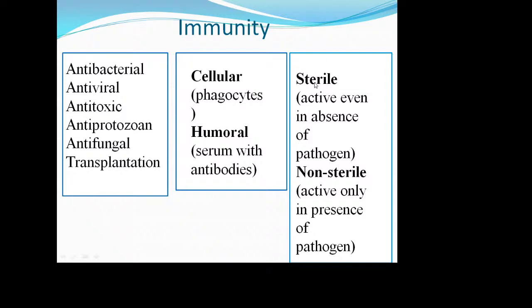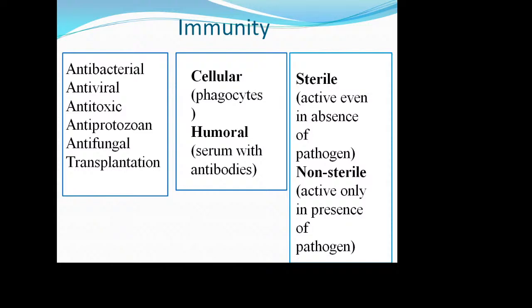Another classification includes sterile and non-sterile immunity. Sterile immunity is active even in the absence of the pathogen in the human organism. It means that sterile immunity is present during all the life of the patient.